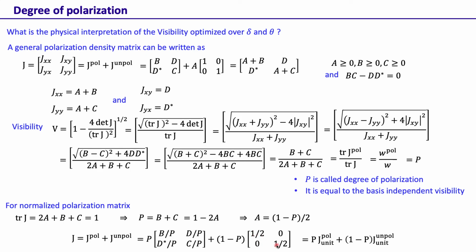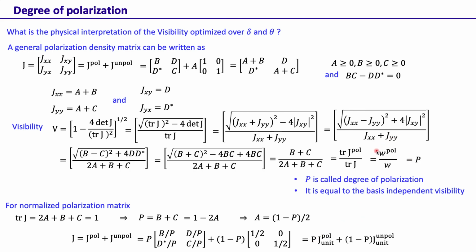Half plus half is 1, and b by p plus c by p is also equal to 1. So if we write the polarization matrix in this form, as a unit trace polarized matrix plus a unit trace unpolarized matrix, then the degree of polarization is basically the weightage of the polarized part. That is the other interpretation we have of the degree of polarization.